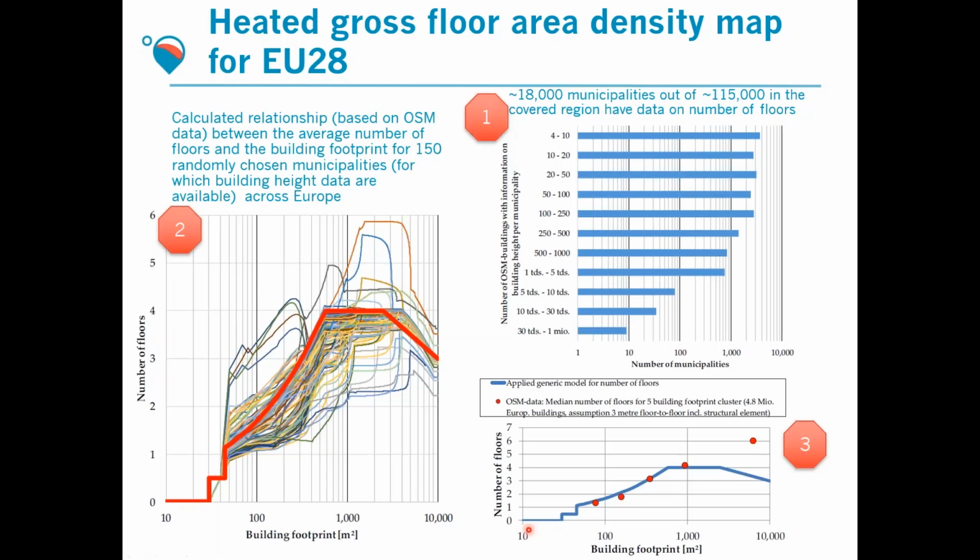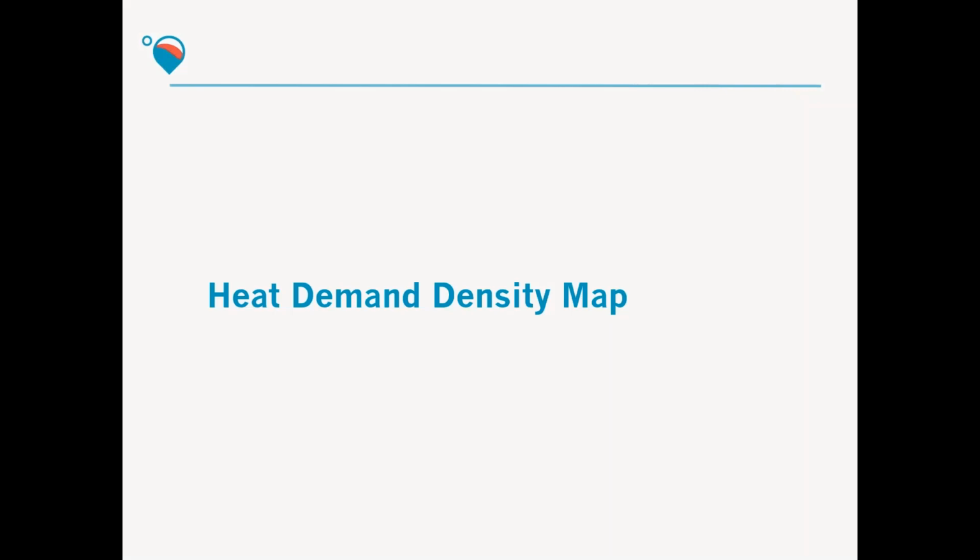And we come up with these functions that tell us, okay, depending on the footprint that the building has, how many floors there should be approximately in different regions. This was one of the things that we did for getting the floor area and also the surface to floor ratio to calculate how much is that.